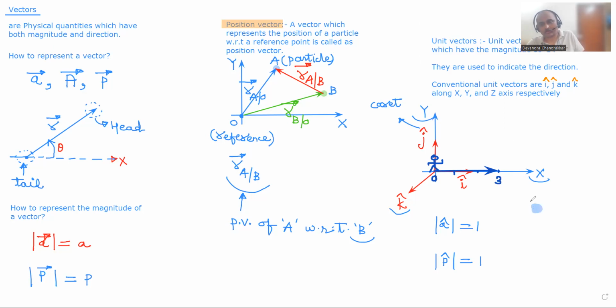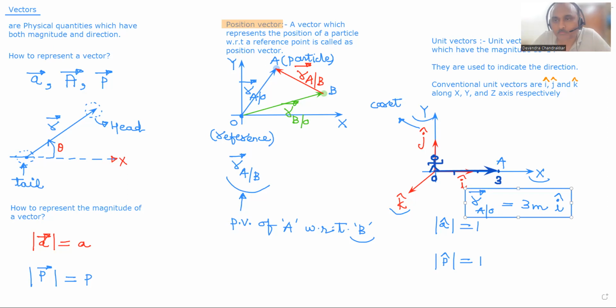Very good. And meters, and what is the direction of it? It is pointing towards x-axis. So let's write this as A. So position vector of A with respect to O is how much? 3 meters I cap. I hope all of you understood this. Yes or no? Yes, sir.